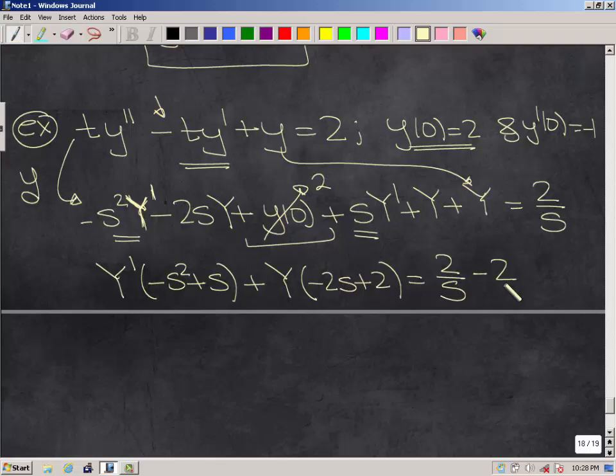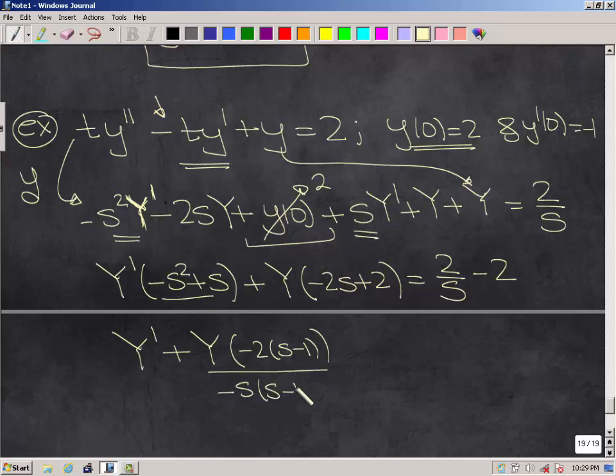All right. We're going to rearrange this and divide by stuff. I'm going to divide by all of this. So I get big Y prime plus big Y. I'll take a negative 2 out. I'll get s minus 1 here. And when I divide by this, I get negative s out. So I get s minus 1.